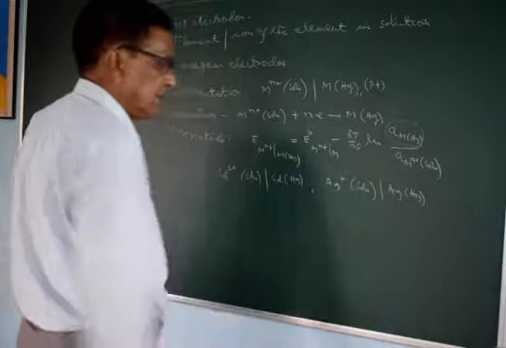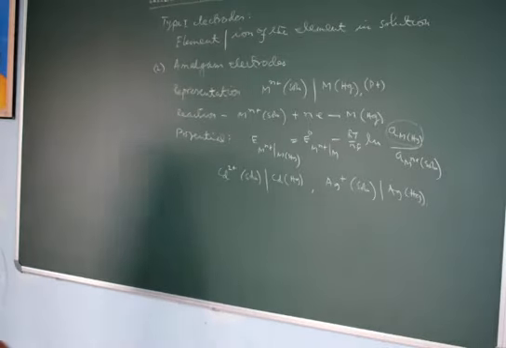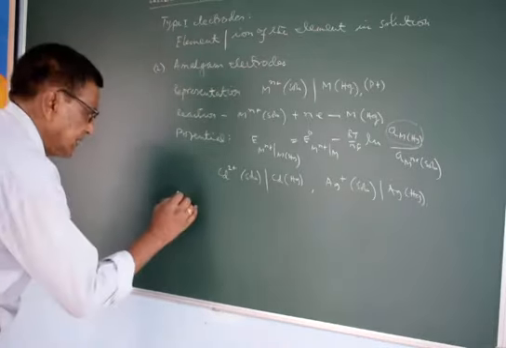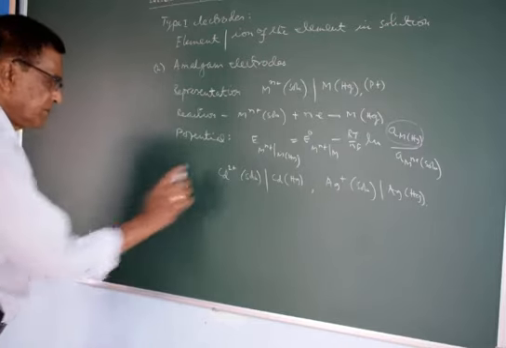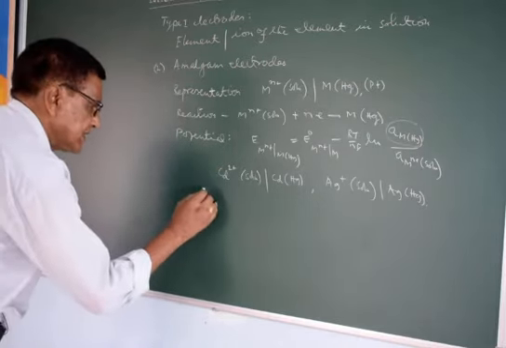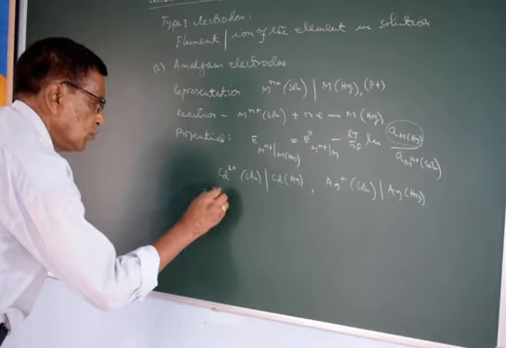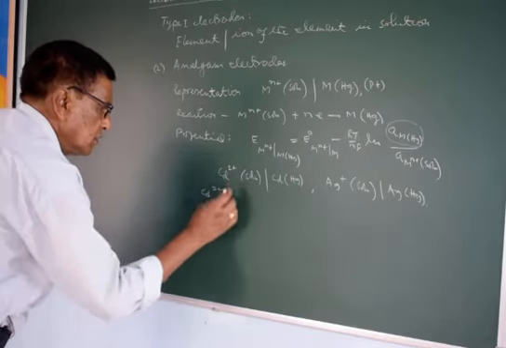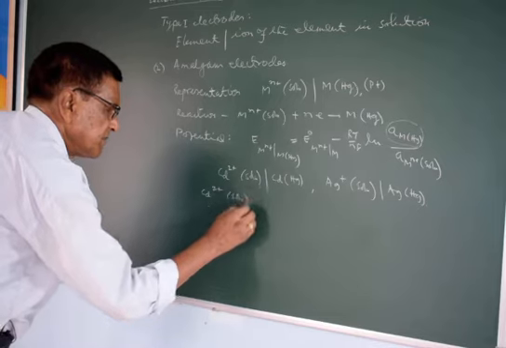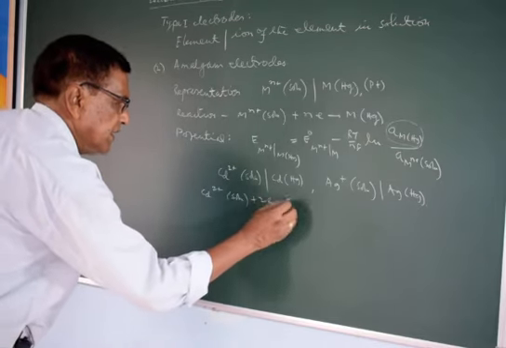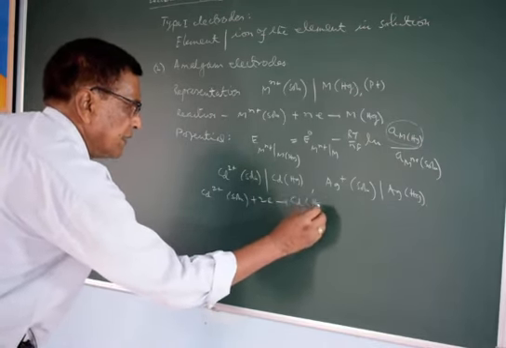These are a few examples. If we write the reaction, cadmium 2 plus in solution plus 2e giving cadmium in amalgam.